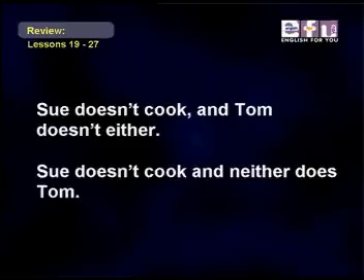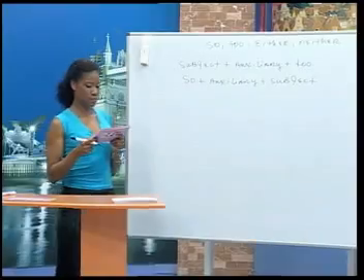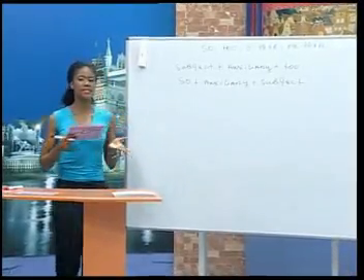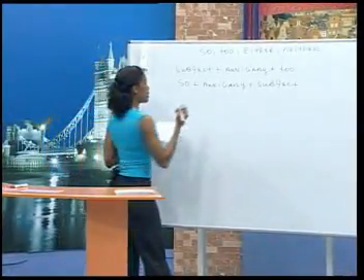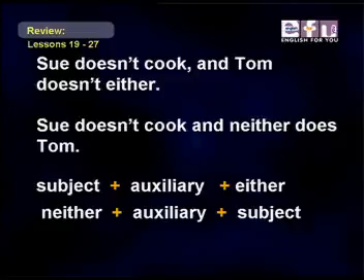Sue doesn't cook and neither does Tom. Now, of course, these two sentences mean the same also. That word order is subject plus your auxiliary verb plus either, or neither plus the auxiliary verb plus the subject.